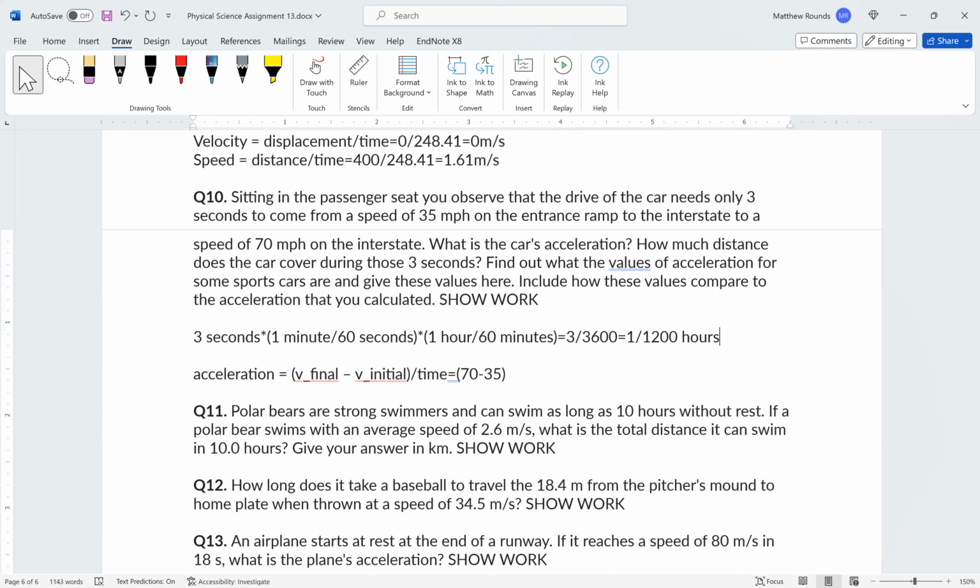I mean, that's the whole point. So the next thing here is that when you divide it by time, the time is 1 over 1,200.